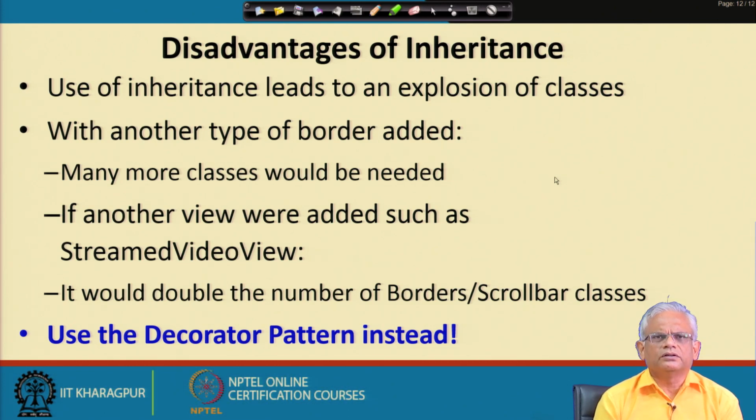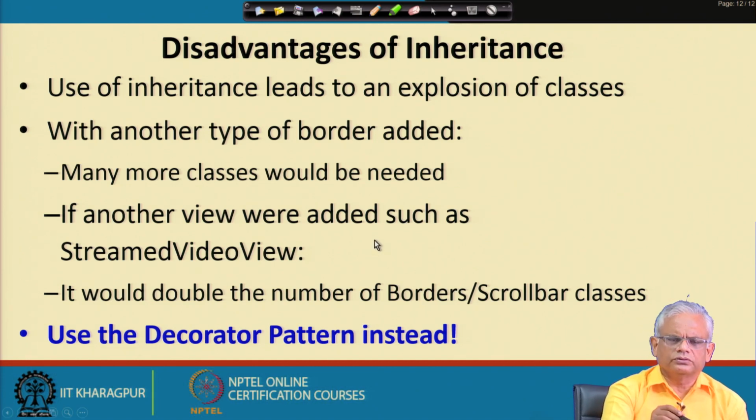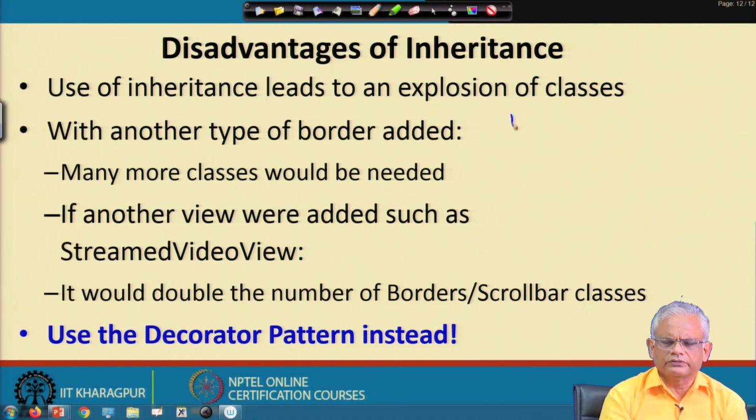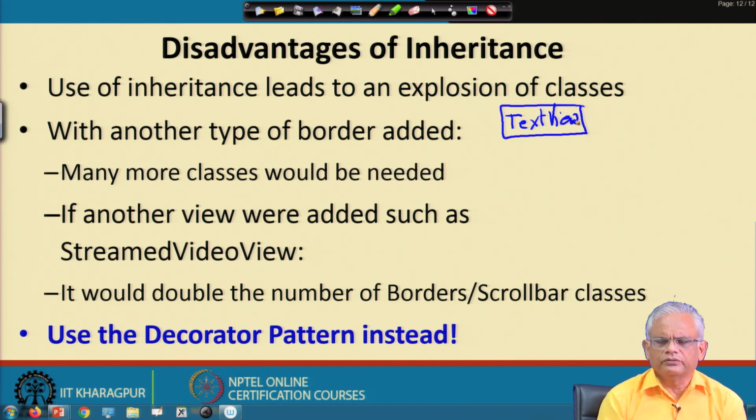Then we need many more classes. Just to draw that so that it is clear, let us say we have text view class, and we need another component. If we are using inheritance, then we will have text view with border.